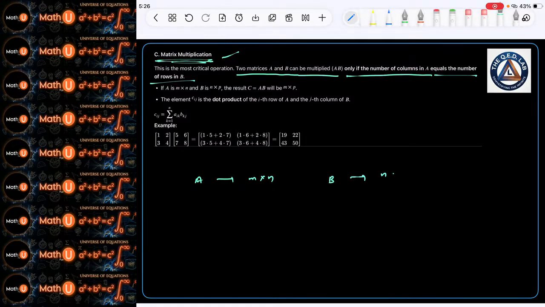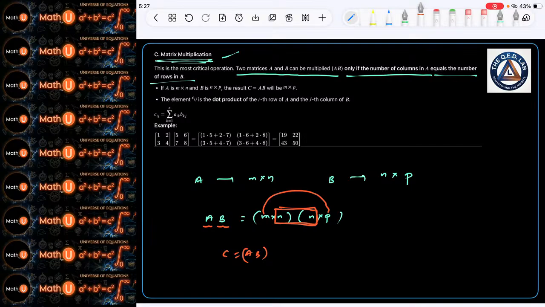If you want to multiply these two, AB, then m by n and n by p. This multiplication is only possible when these two are equal, number of columns in A and number of rows in B. Then the resultant matrix AB will have order m by p.